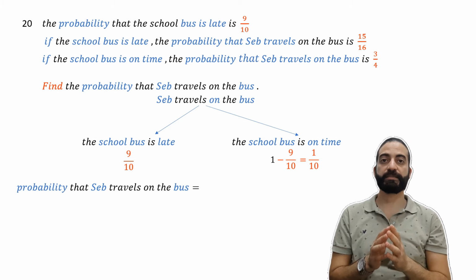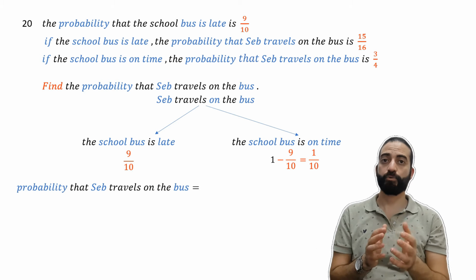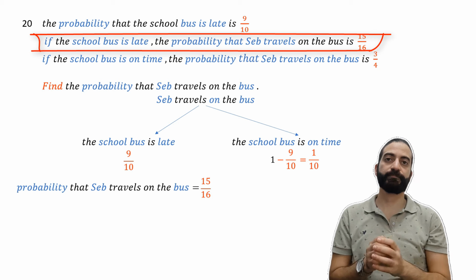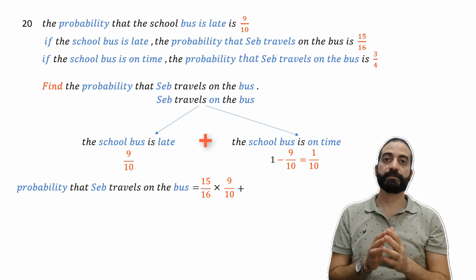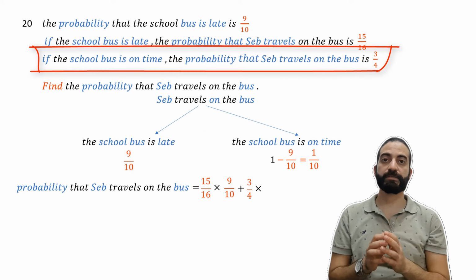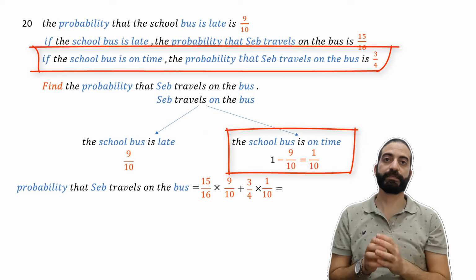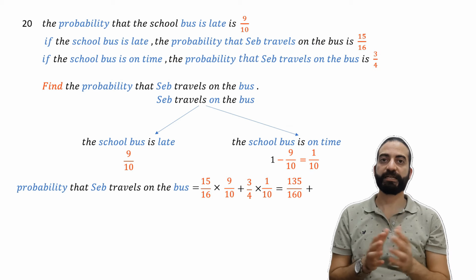The probability that Seb travels on the bus equals 15 over 16 times 9 over 10 plus 3 over 4 times 1 over 10. In this way, we have obtained the final answer, which is 147 over 160.